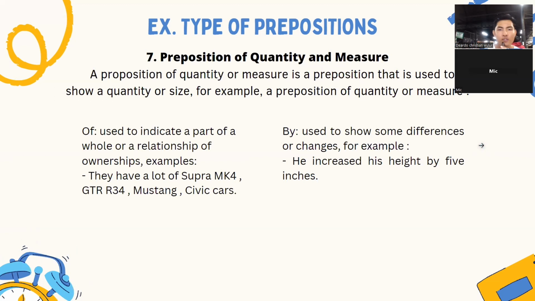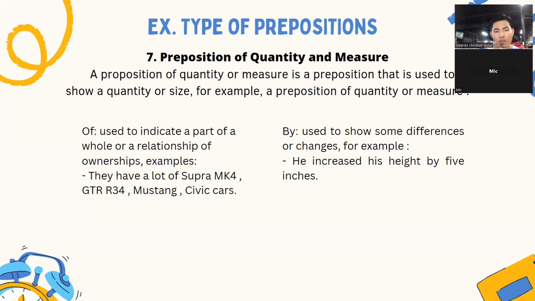Seven, preposition of quantity and measure. A preposition of quantity or measure is a preposition that is used to show a quantity or size. For example, of is used to indicate a part of a whole or a relationship of ownership.